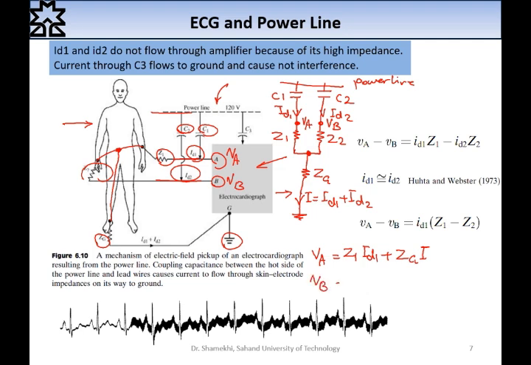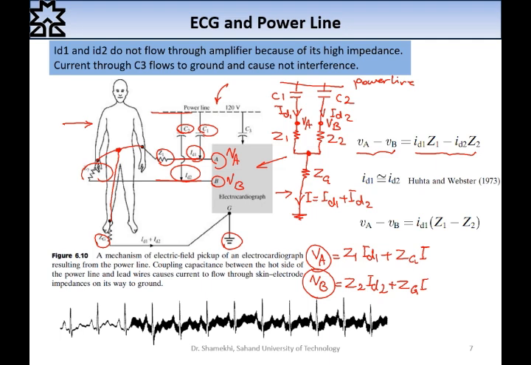And VB also is Z2 multiplied by ID2 plus ZG multiplied by I. Therefore, VA minus VB here can be written as this: ID1 multiplied by Z1 minus ID2 multiplied by Z2.